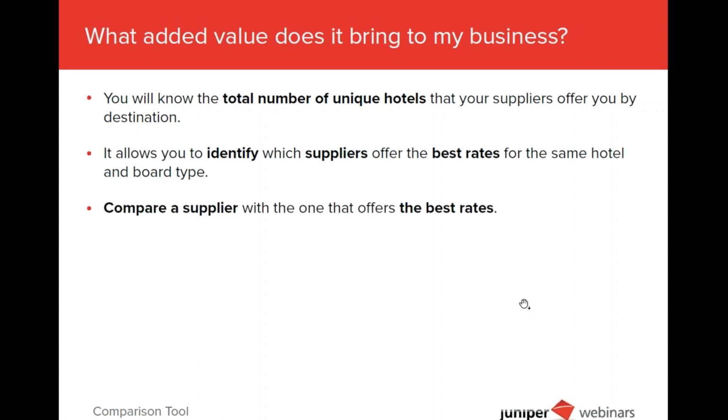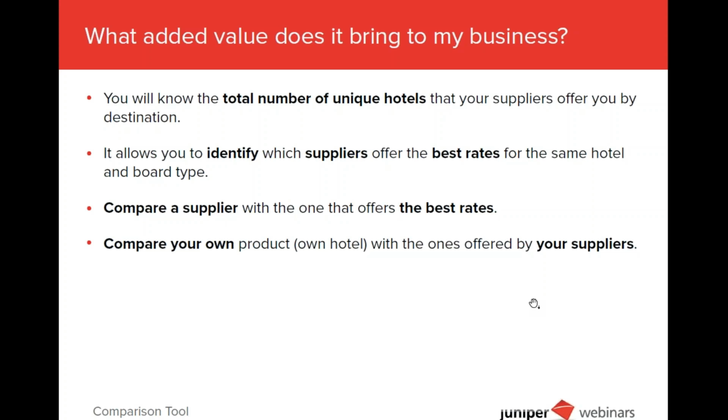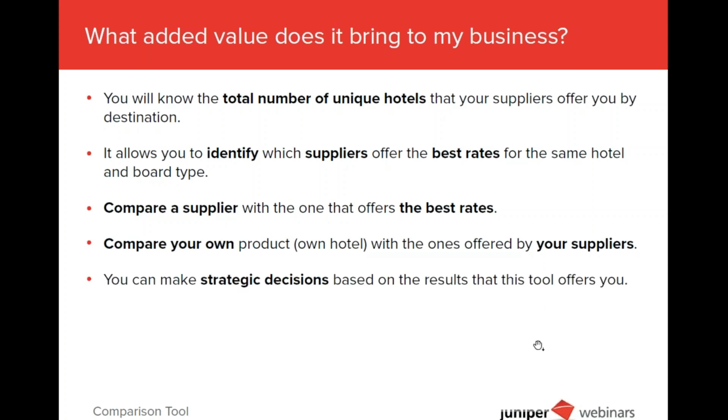It will let you compare a supplier with the one that offers the best rates. It will let you compare your own product with the ones offered by your suppliers. And most importantly, with this data, you will obviously be able to make strategic decisions based on the results that this tool offers.